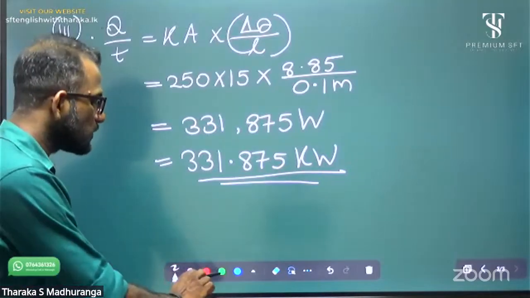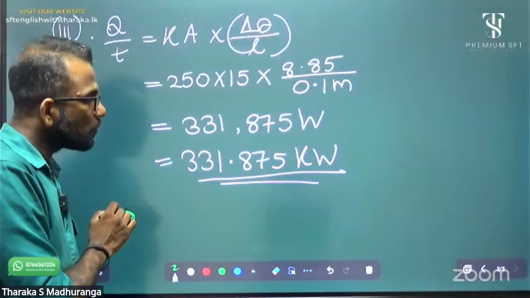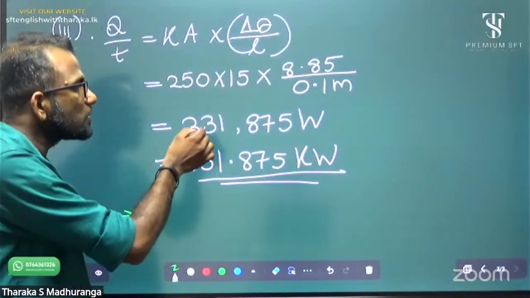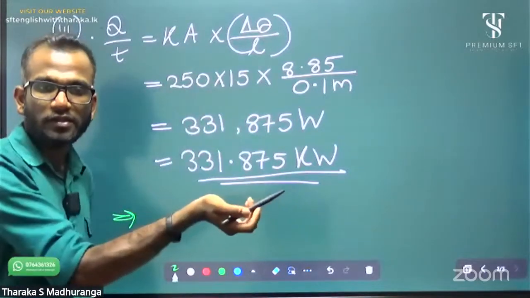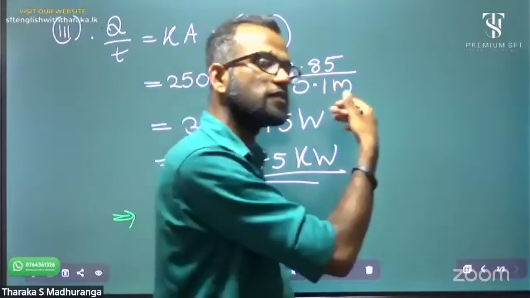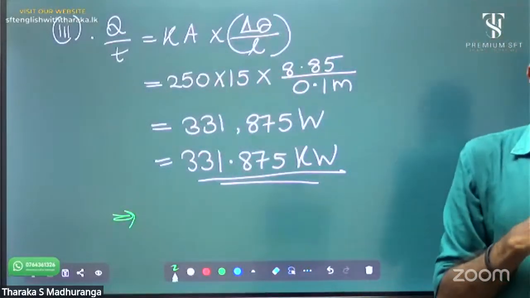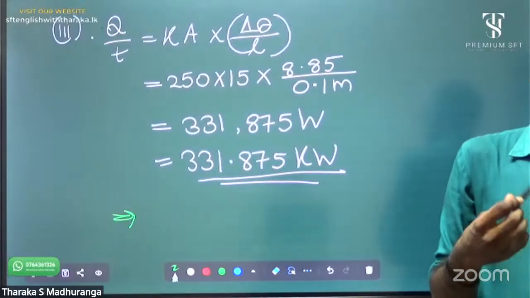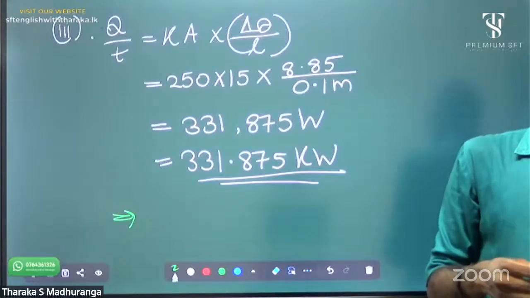As an example, within 1 minute the heat flow is 331,875 multiplied by 60 seconds, right? Okay, Dimit?